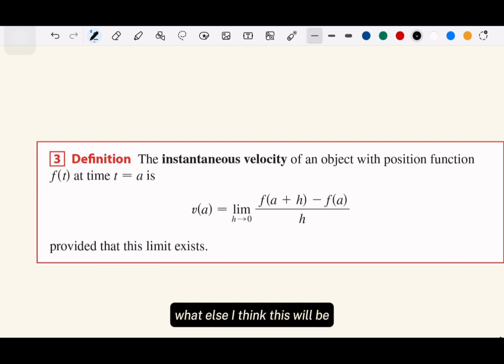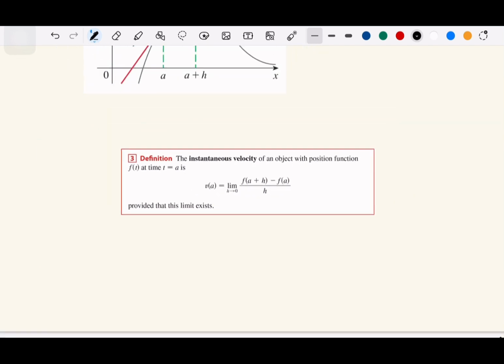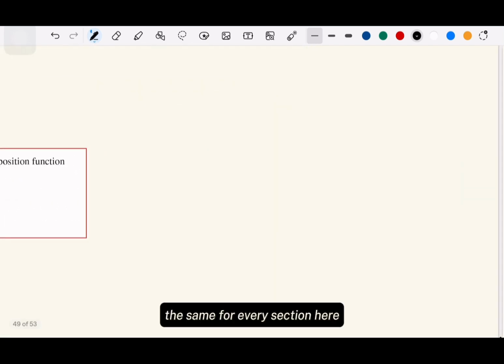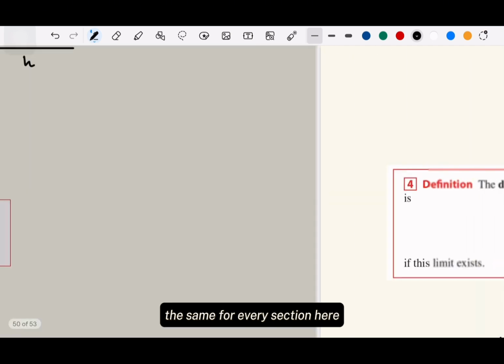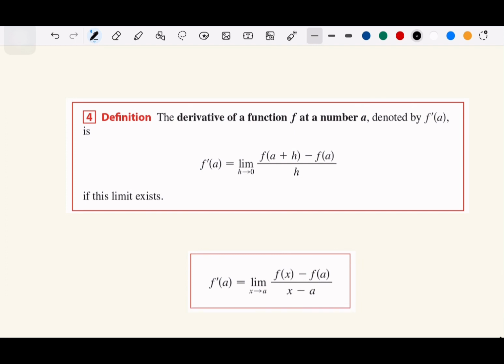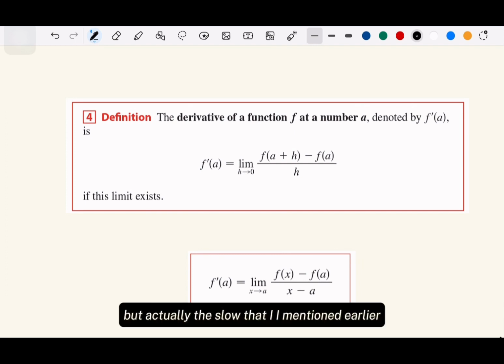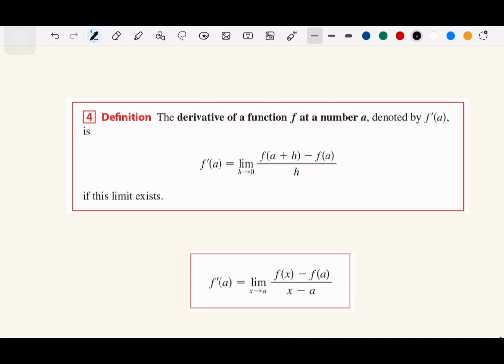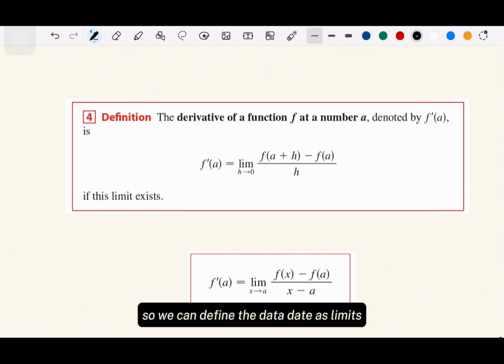What else? I think this will be the same for every section here. And the slope that I mentioned earlier is actually what we call the derivative. Okay? So we can define the derivative as the limit as h goes to 0 of f(a plus h) minus f(a) divided by h.